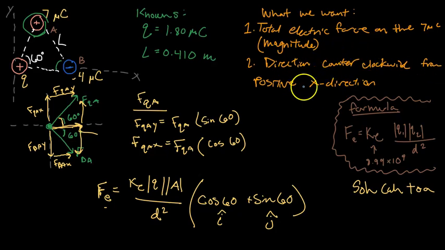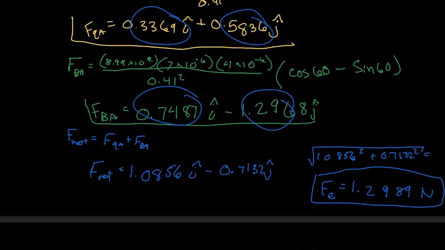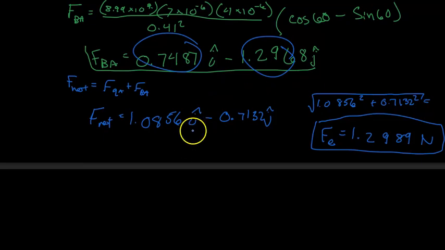The second part is to find the direction counterclockwise from the positive x direction, which we can easily do now that we have the x and y components. The tangent of y over x will equal theta. Oh, inverse tangent.